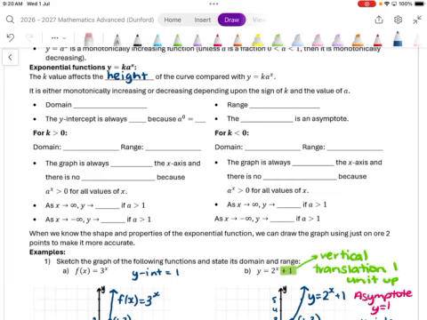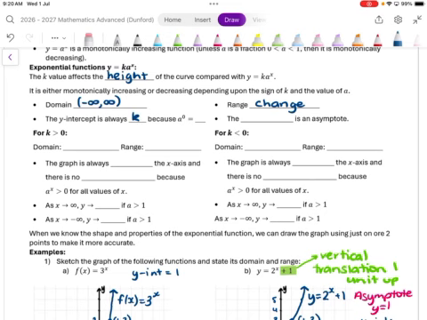Okay, we have that the domain is always going to be -infinity to infinity, but our range is going to change, depending on what is going on here. Our y-intercept is always k.